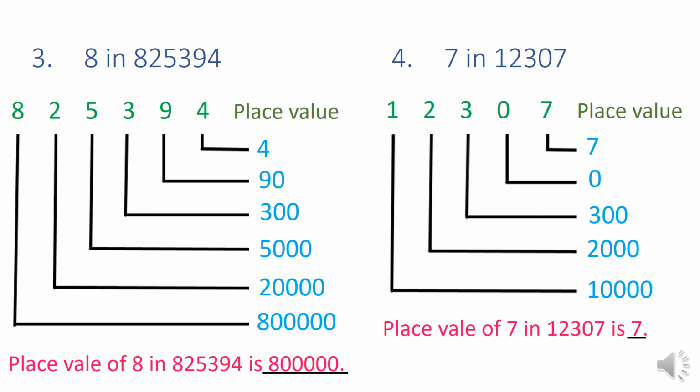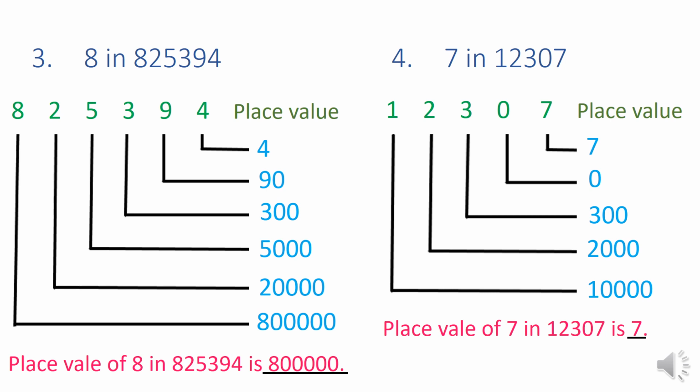So the place value of 7 is 7. The place value of 0 is 0. The place value of 3 is 300. The place value of 2 is 2000. The place value of 1 is 10,000.